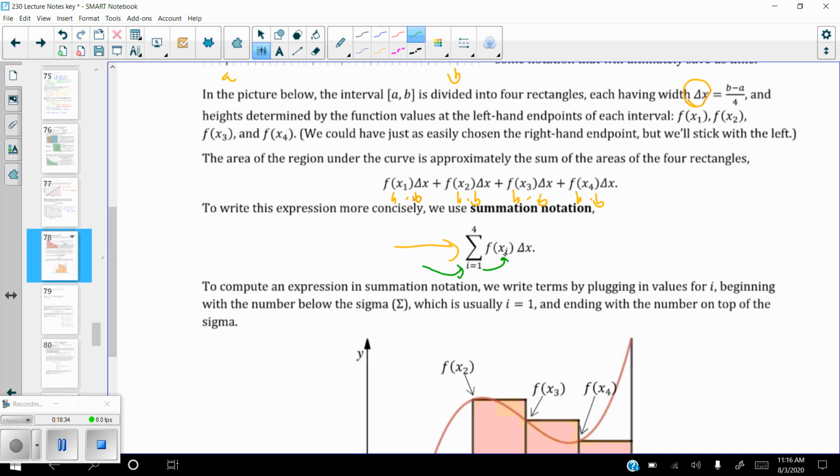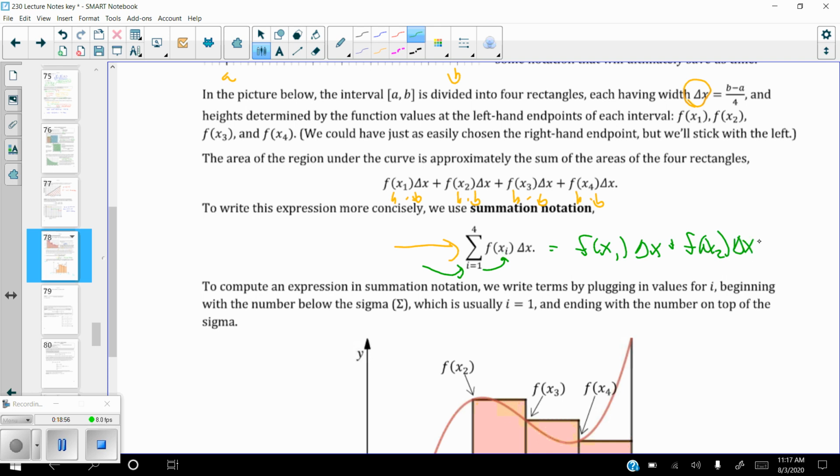So what you would see there is the first one would be f of x sub 1 delta x. And then again, the orange thing says to sum, so I'm going to add. Now you kick up that 1 to the next one, which is 2. So it would be f of x sub 2 delta x.